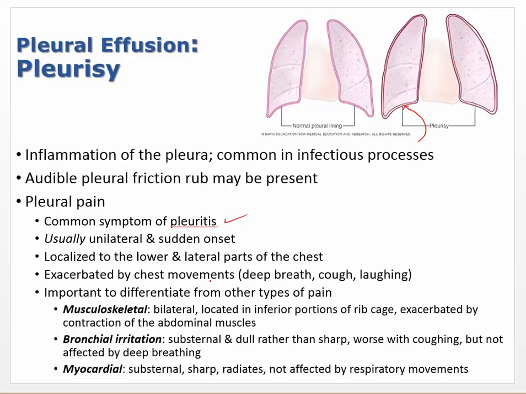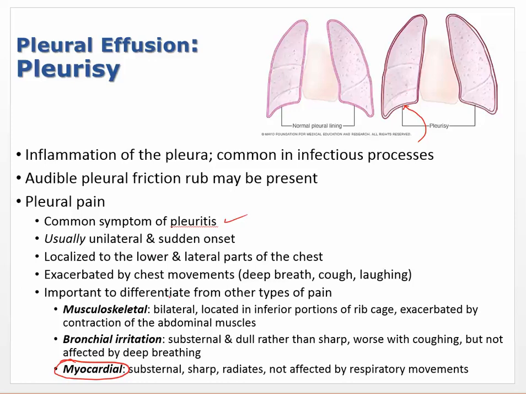If you have chest pains and you're not sure if it's an MI, for instance, and you can take a deep breath or change your breathing and there's no pain, that's more of an indication of an MI or some kind of angina. If you do feel pain, that's an indication that it's pulmonary. Deep breathing, coughing, laughing, that makes sense because if it's pulmonary, those are your lungs.